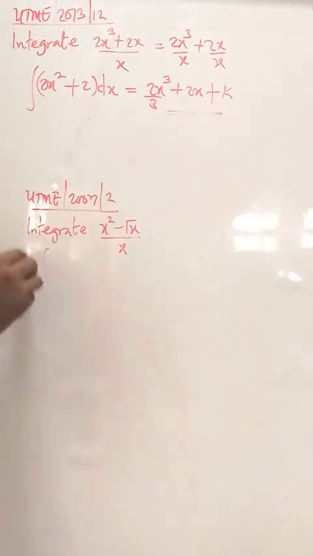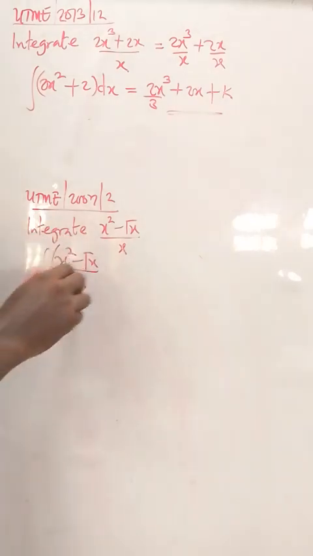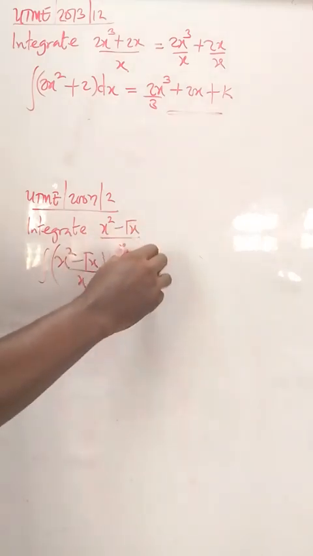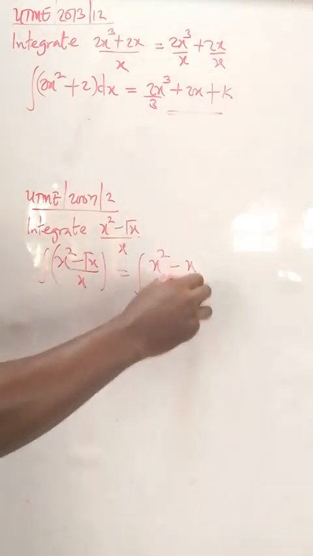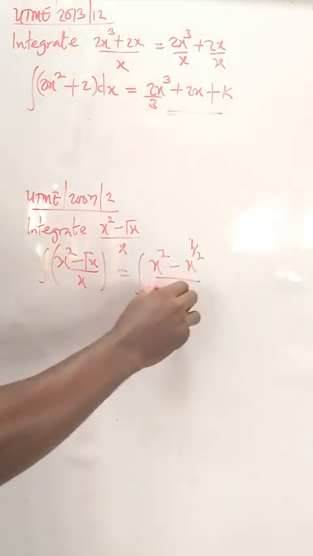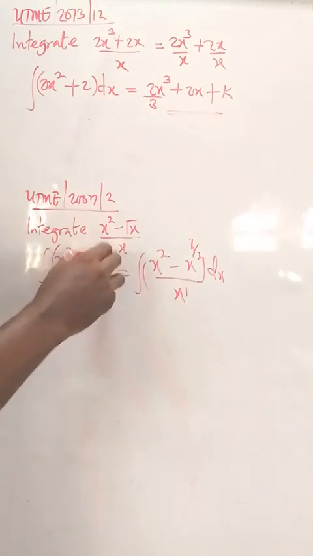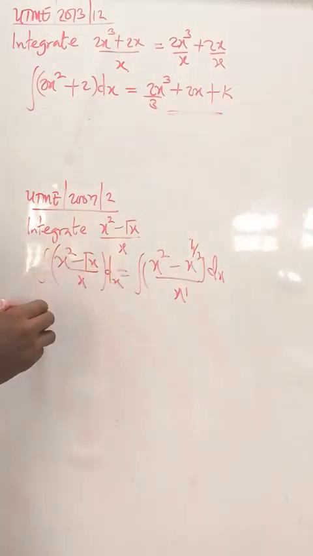For the same thing we are doing, we want to integrate x squared minus root x over x. This is the integration of what? x squared minus x raised to power half, indices, with respect to what? x. From here, this becomes what?